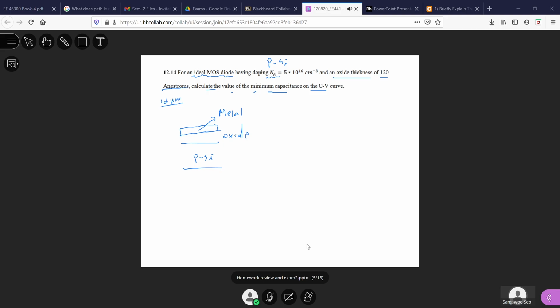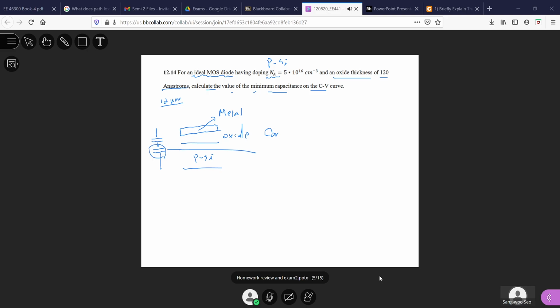When you have this kind of structure and you apply the bias, we will have the capacitance first across the oxide, that is typically COX, and then below, in the semiconductor, you have another capacitance.